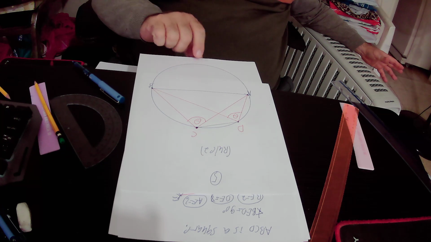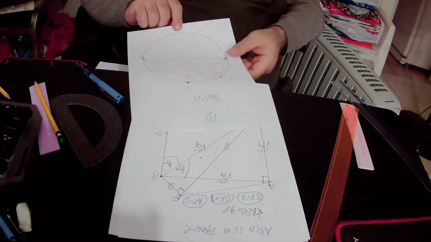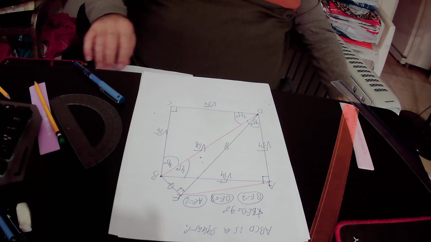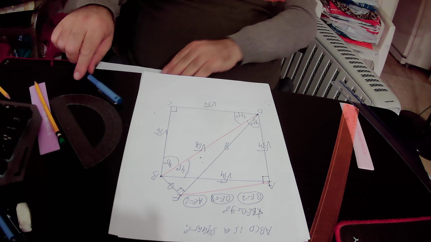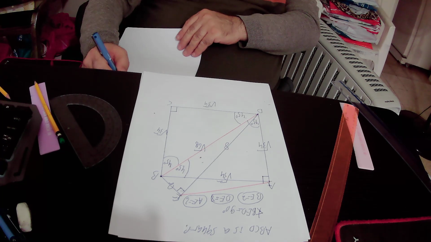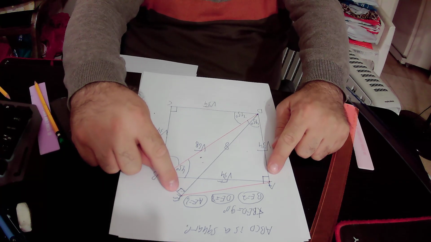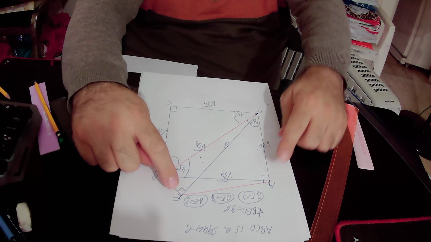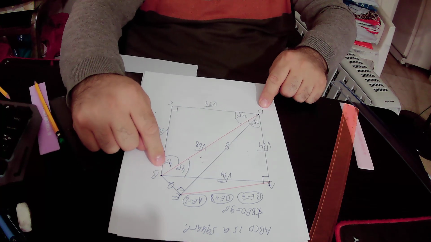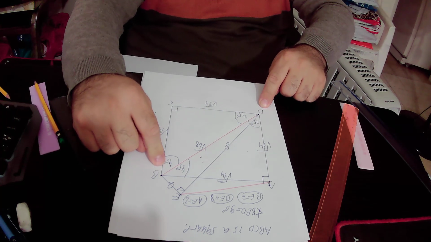We can implement rule number 2 in our drawing, and I will explain why. Because of the fact that we have here two equal angles, two right angles that subtend on the same line segment BD.